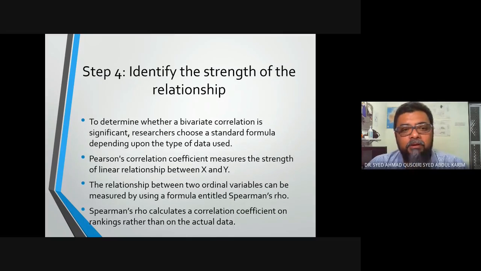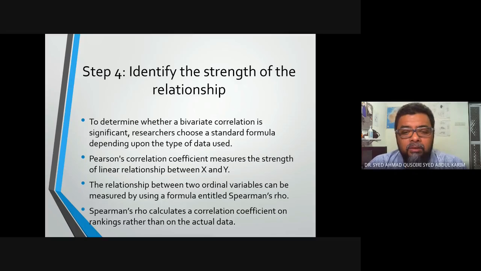So step number 4, identify the strength of the relationship. To determine whether a bivariate correlation is significant, researchers choose a standard formula depending on the type of data used.